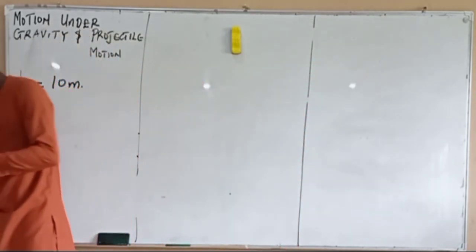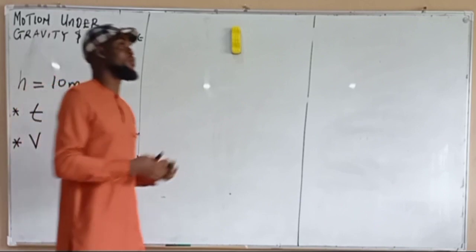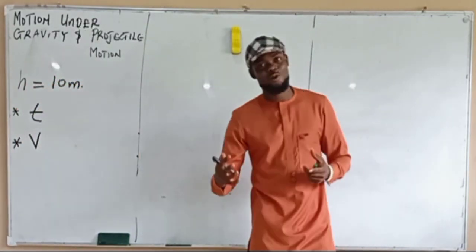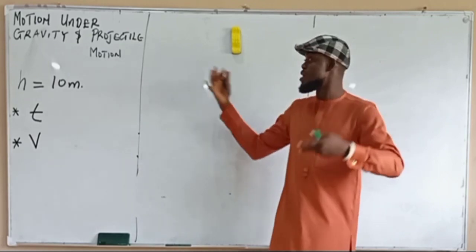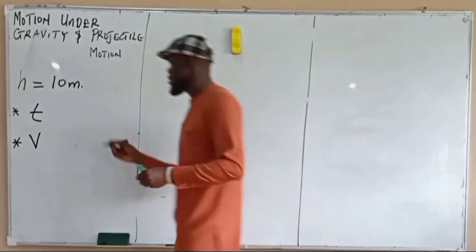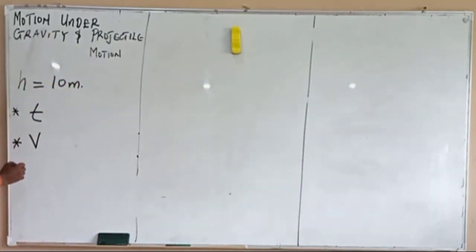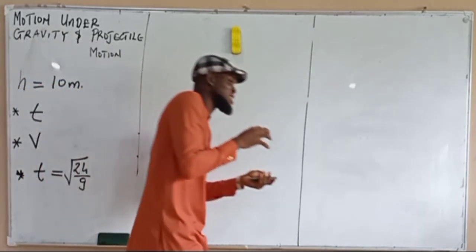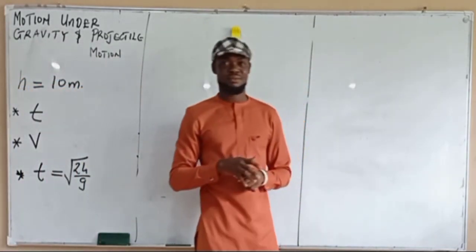Now, what you should know is that if you release a stone and a feather, we are looking at the weight of the body. Remember the formula for the time for a body to fall from a height is the square root of 2h over g. There is nothing there that talks about the mass of the body.